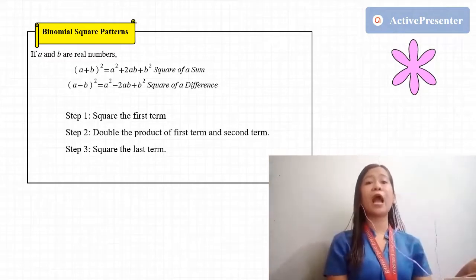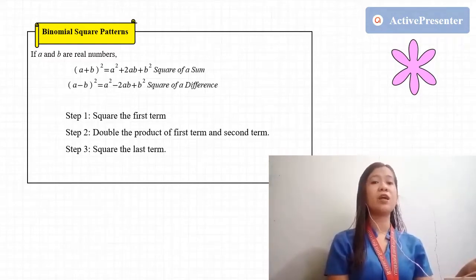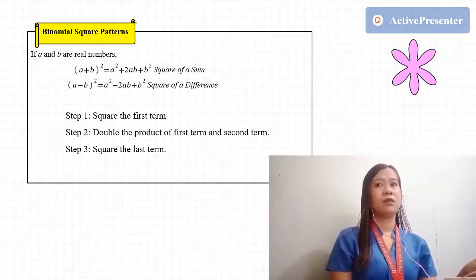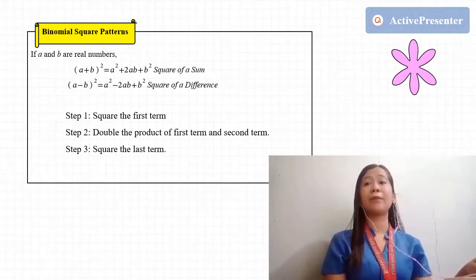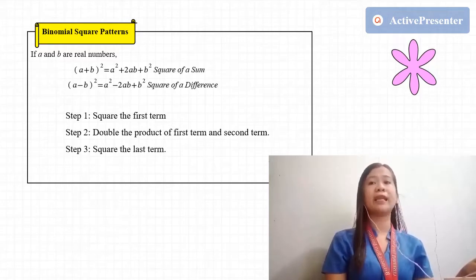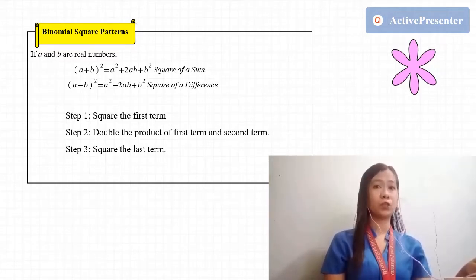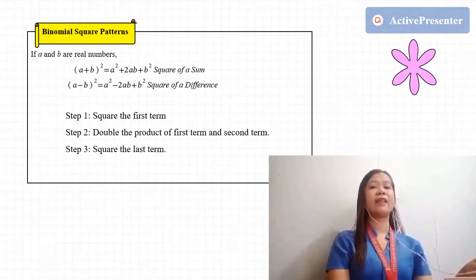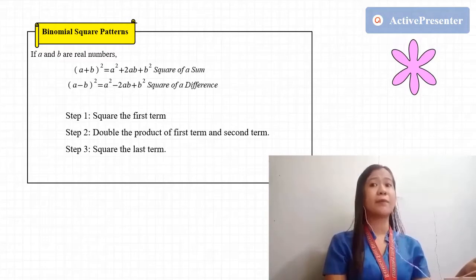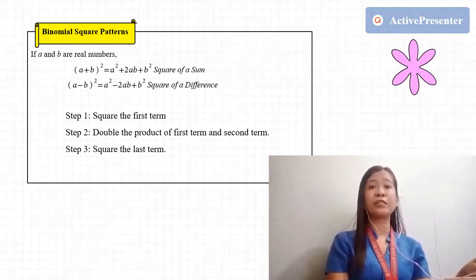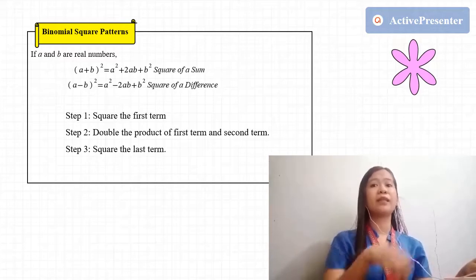Then if we have the binomial whose operation is difference, or minus, we have (a minus b) squared, which is equal to a squared minus 2ab plus b squared. Again, our first step, square the first term. Second step, double the product of the first term and second term. And last, square the last term.